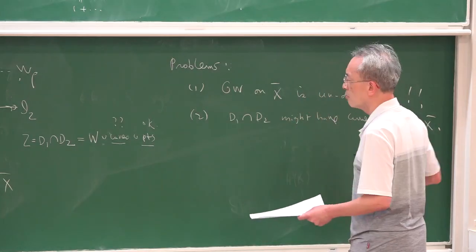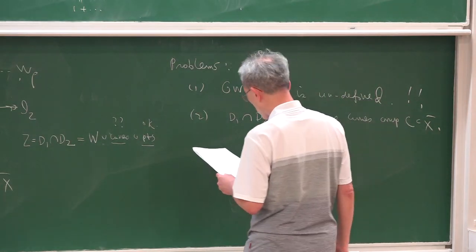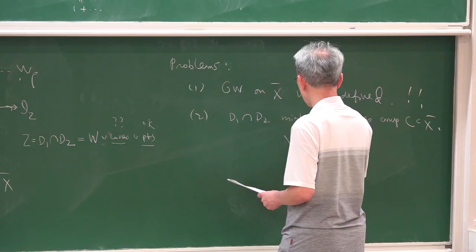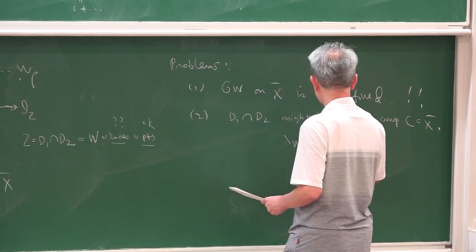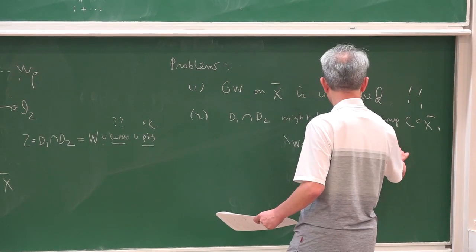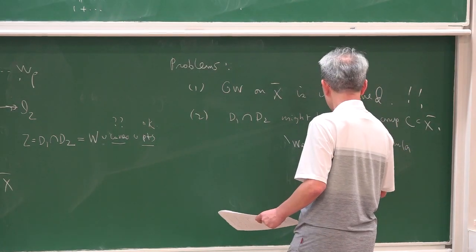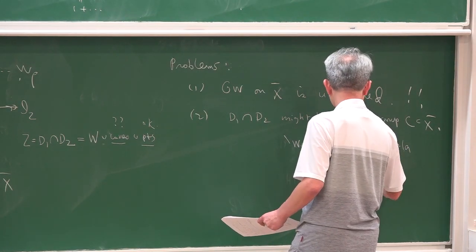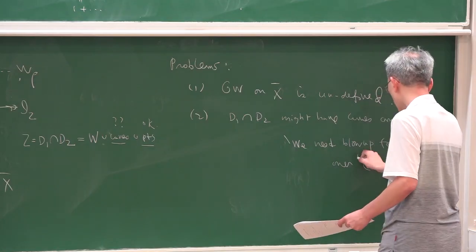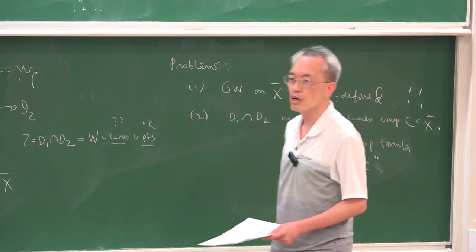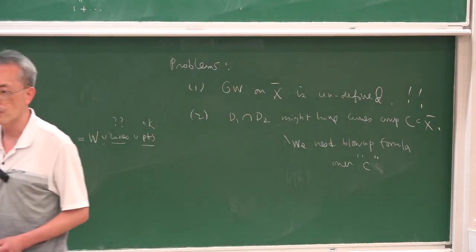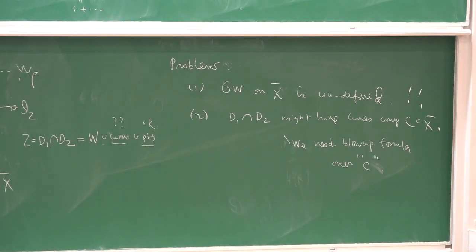But if you have a curve, then that means we need a blow-up formula over a curve. But we know so far there is no general blow-up formula in convolution theory, even around a curve. Of course, there are many kinds of blow-up formula in convolution theory.